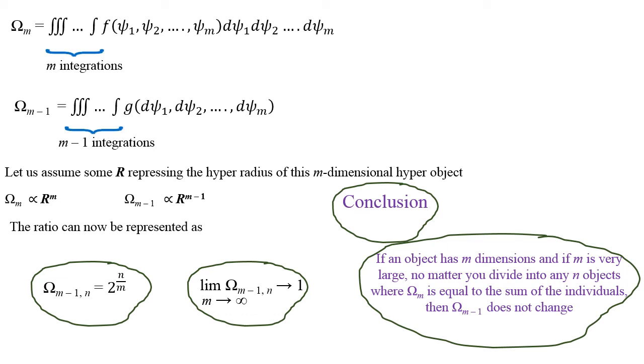If, for example, you have got a universe which has an infinite number of dimensions, you notice that this becomes 1. In contrast to the previous cases, if you can remember, when the number of dimensions is limited, then this approaches infinity, but in this case, it is approaching 1. So it means the total sum will be equal to the original figure, which is omega m minus 1.